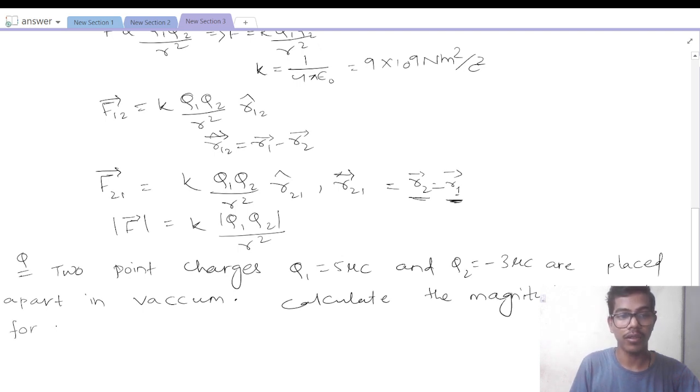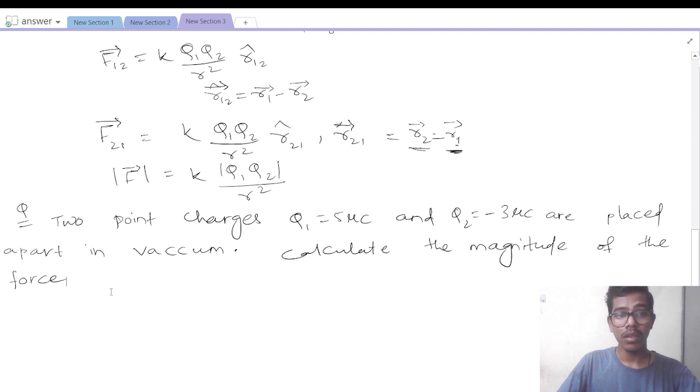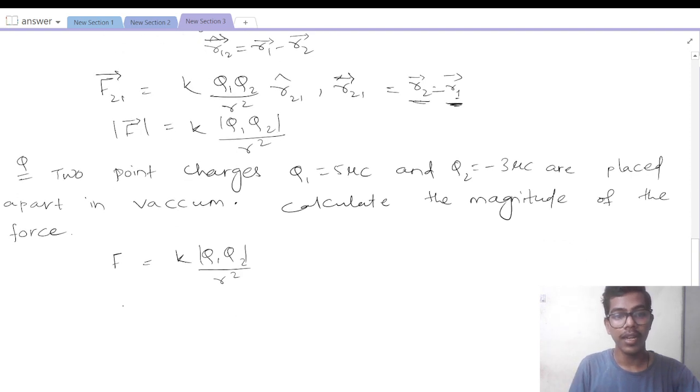So we know the Coulomb force between the two point charges F is equal to K Q1 Q2 by R square. Here we have given that Q1 is equal to 5 microcoulomb, which is equal to 5 into 10 to the power minus 6 coulomb. Q2 is equal to minus 3 microcoulomb.